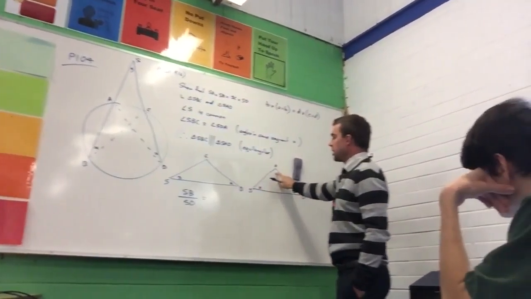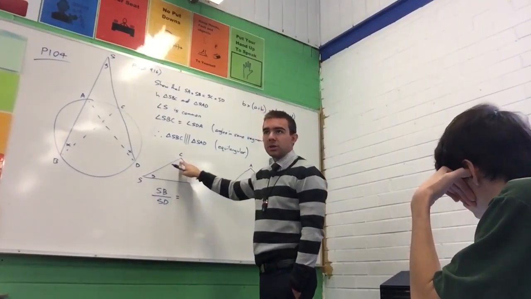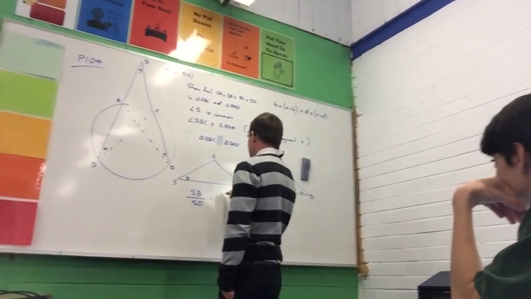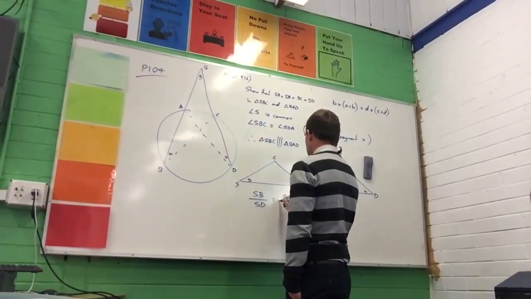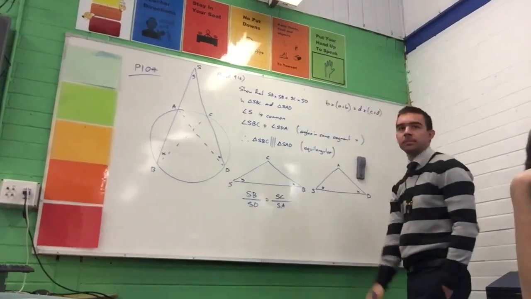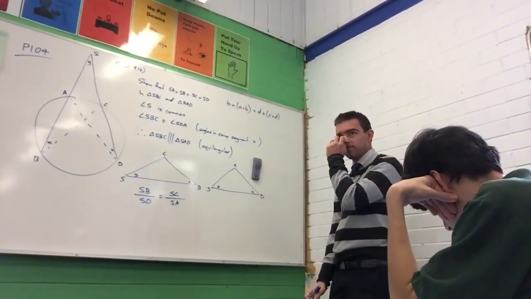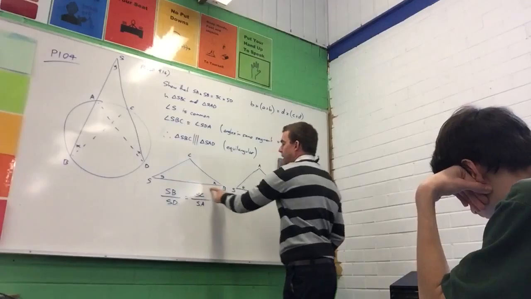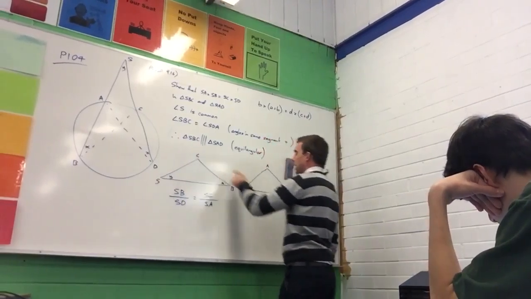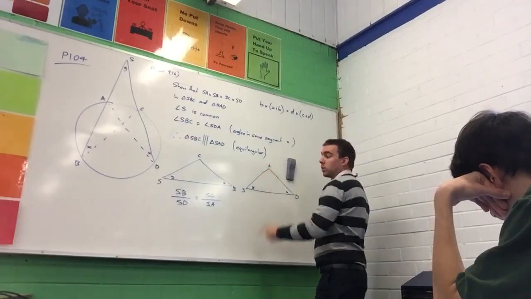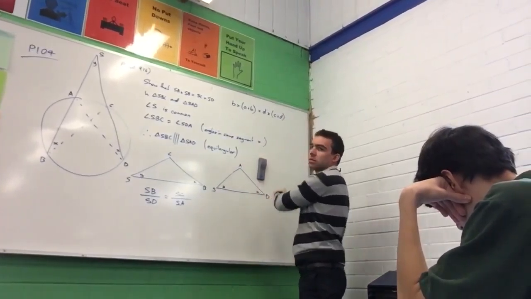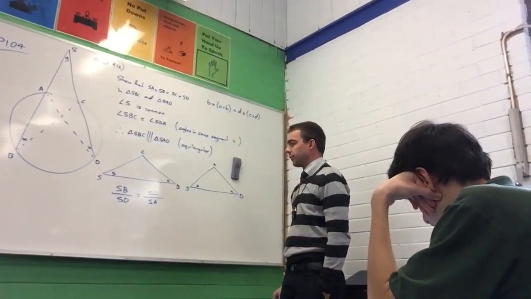So SA is here and SC is the matching side of the other triangle. Alright, so they need to be in order. So left triangle, so SC over SA. Okay, so this side over this side must equal the same ratio as this side over this side, which will also equal the same ratio as this side over this side, but we won't need that for our proof.